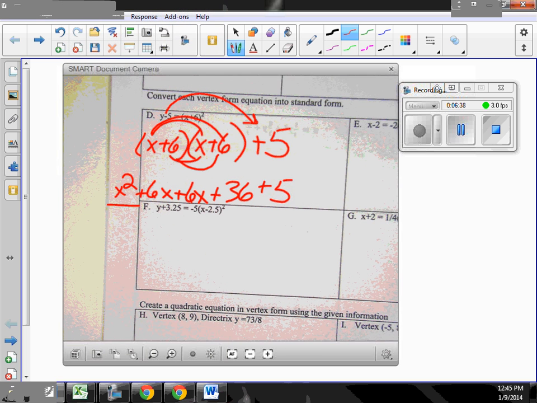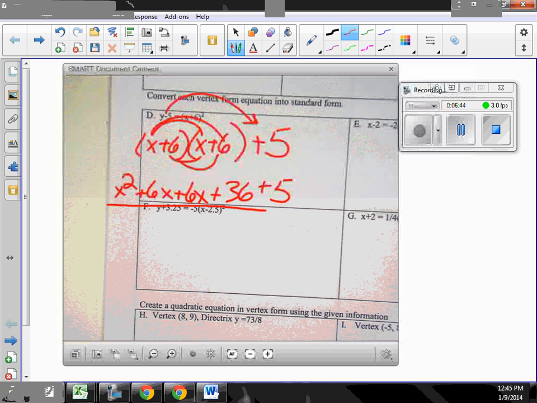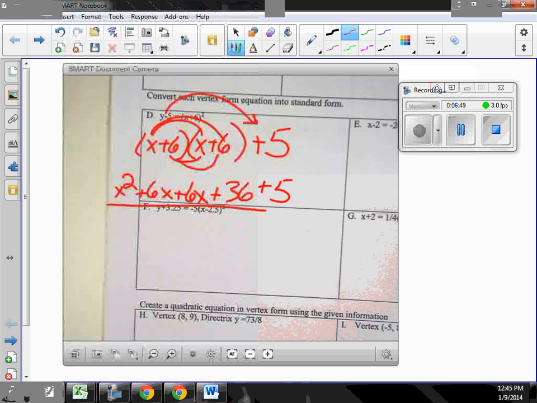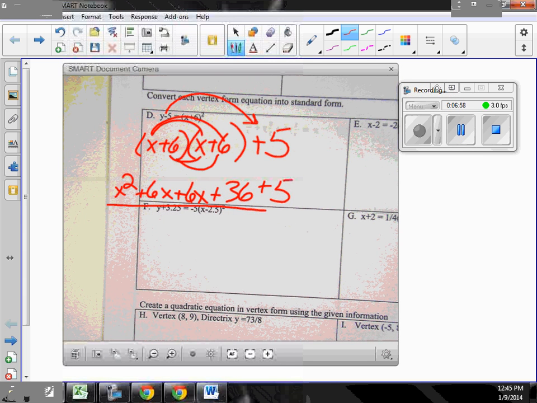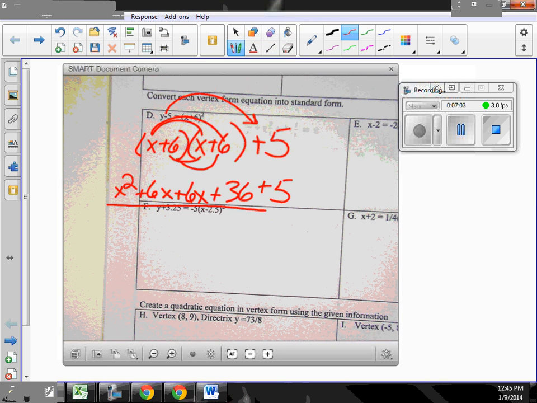Now, if you're smart, which you guys are, do you see a pattern there? The middle term is going to become double the factor, and the last term is going to become the square of the factor. This is like reverse complete the square. In complete the square, we create the factor, and in this method, we use the factor to write the equation.